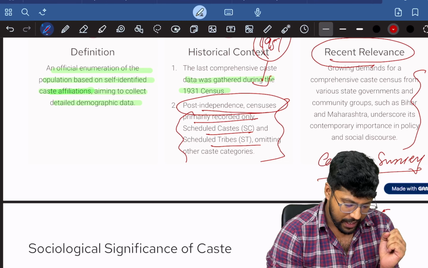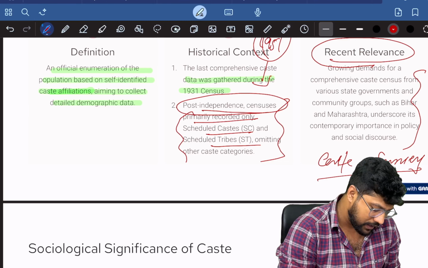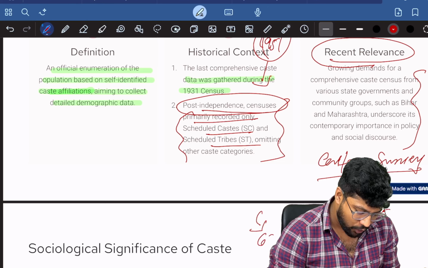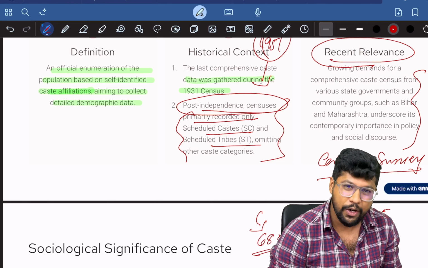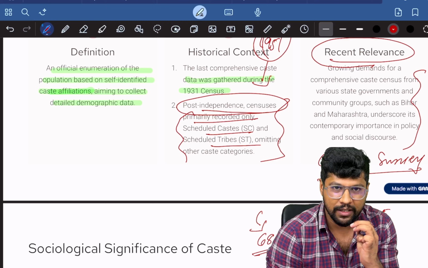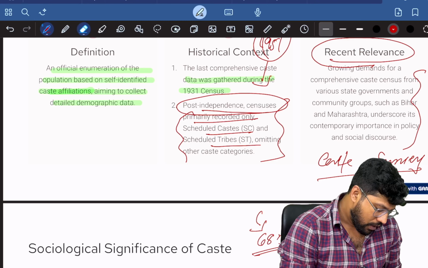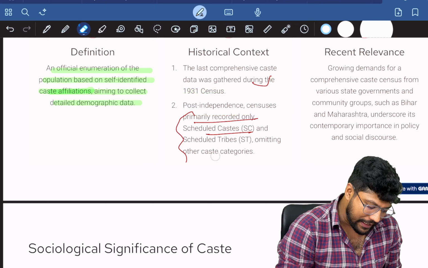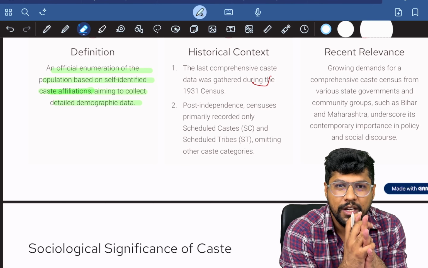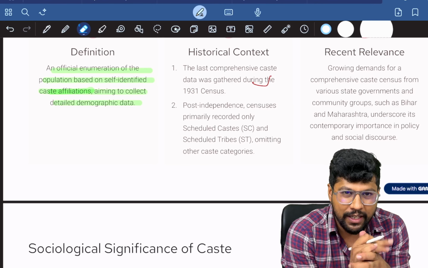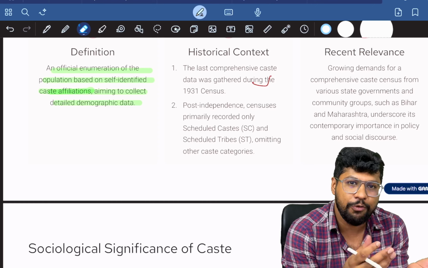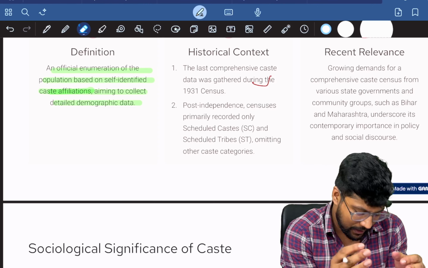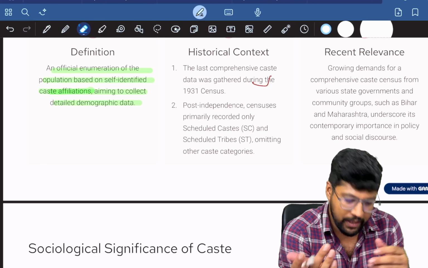In Karnataka, as per the caste survey, around 68% belong to the economically and educationally backward caste sections. Compared to the 1931 data, there is a huge increase in OBC sections. This data disparity led to a wider discussion on the need for a present caste-based census along with the upcoming census.